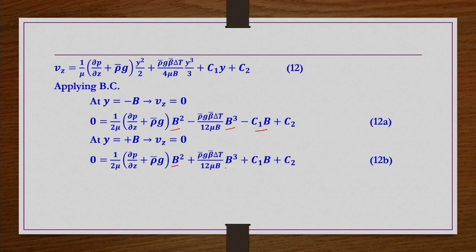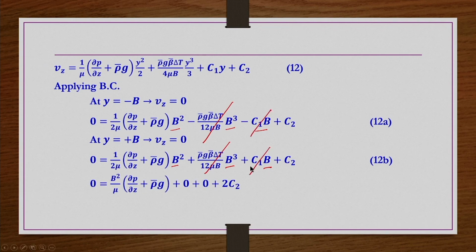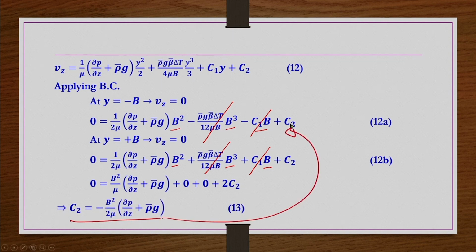Now if you add these two equations together, these terms are the same so they cancel out, and these terms are the same but with different signs, so they also cancel out. So we get 2 C2, and 2 times this term, b square by mu (dou p by dou z plus rho bar g). From here you get the expression for C2. This C2 we are going to substitute here to get C1.